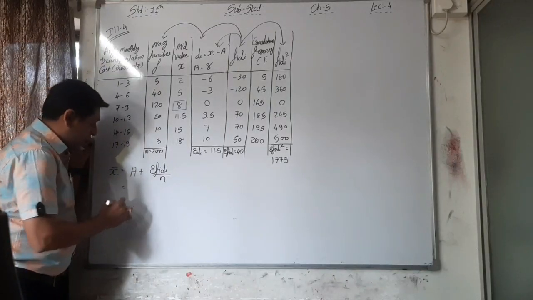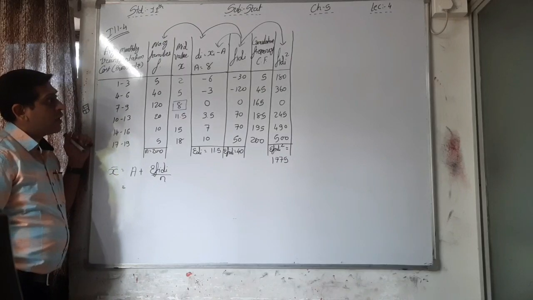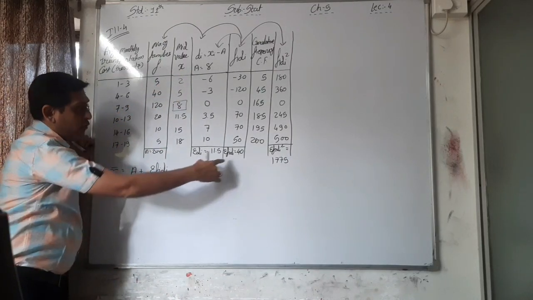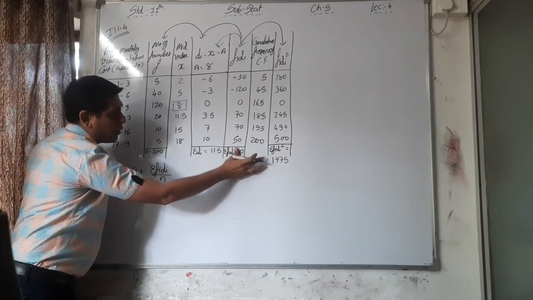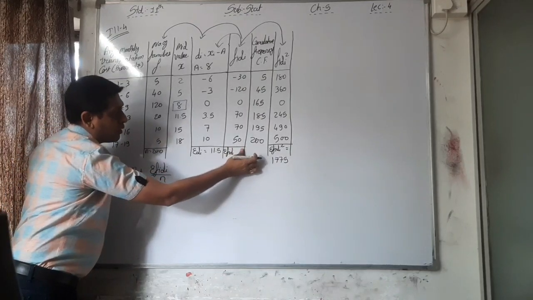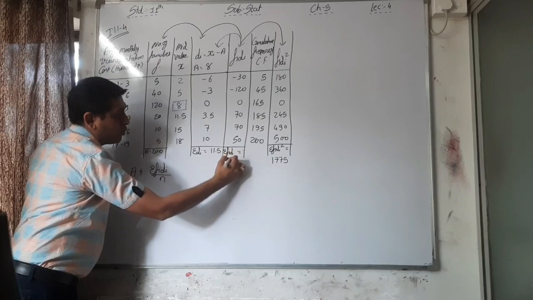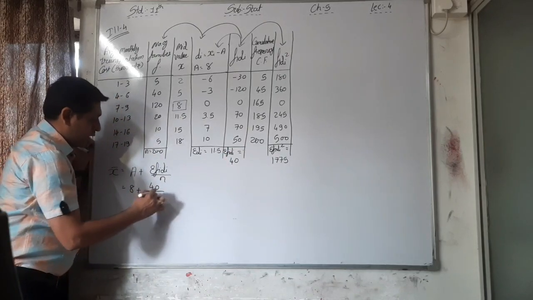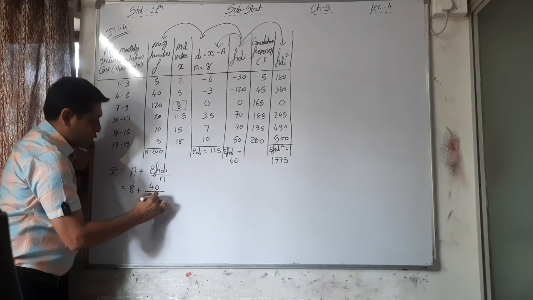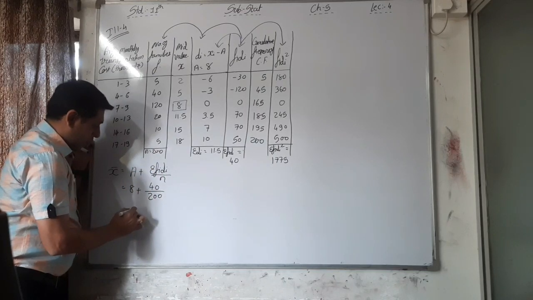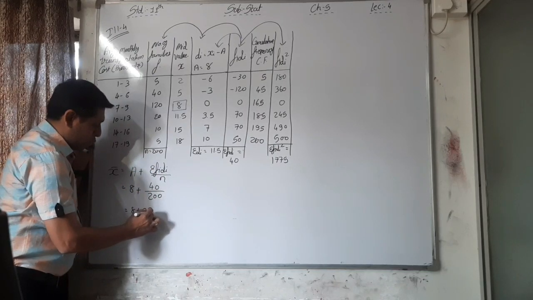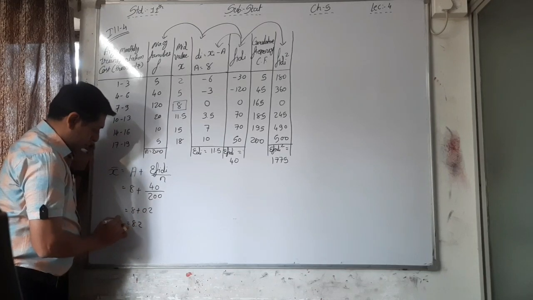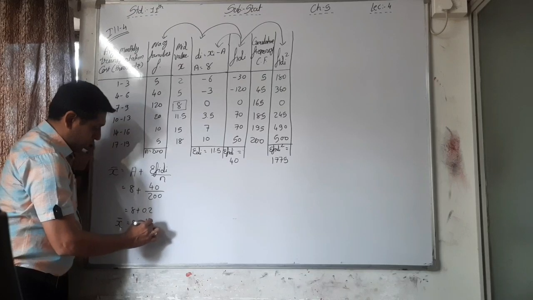Put the values here: A is equal to 8 plus sigma fi di, 40, divided by N, 200. 8 plus 0.2, so 8.2 is the x bar, 8.2 thousand rupees.